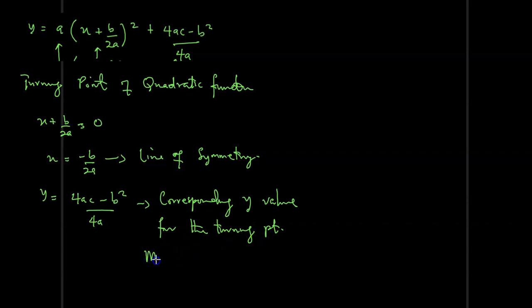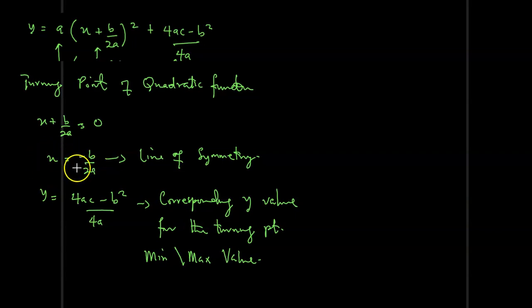as the minimum or the maximum value. So the question may even ask you to determine the minimum or maximum value, and that's the corresponding y value for the turning point. And the x value is given as that. I believe you've learned this as a formula to determine the line of symmetry of any quadratic function.